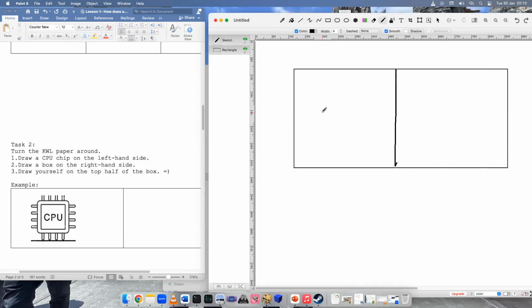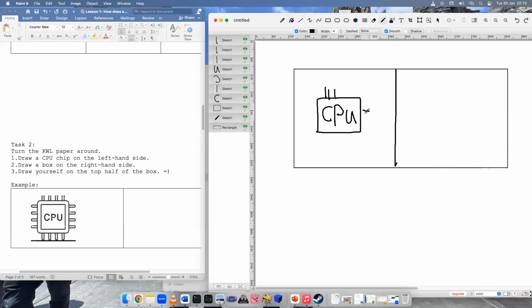Now on the left side, I want you to draw a CPU chip, just like the one here. I'm definitely not the best artist, so I'll do something similar, but you can do whatever you want. It has all these connections. So a central processing unit chip looks like that.